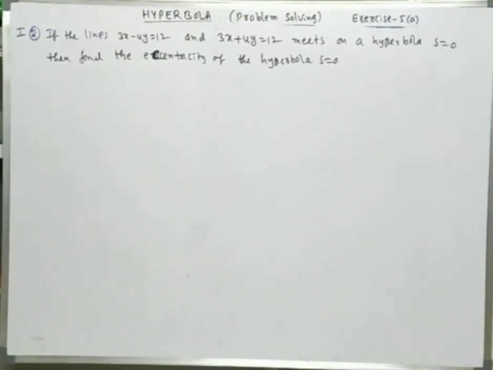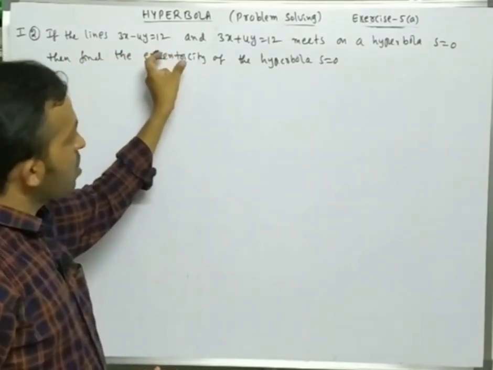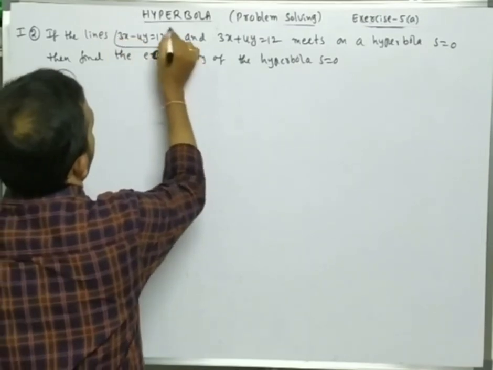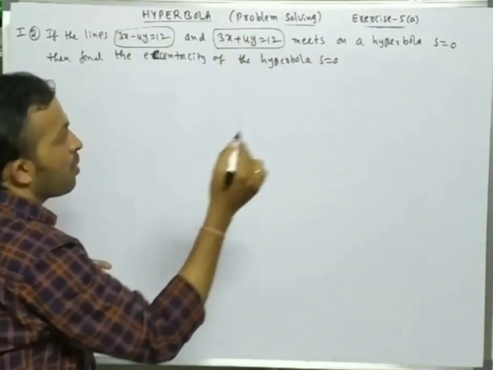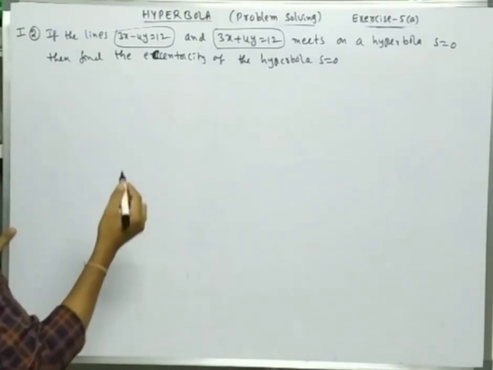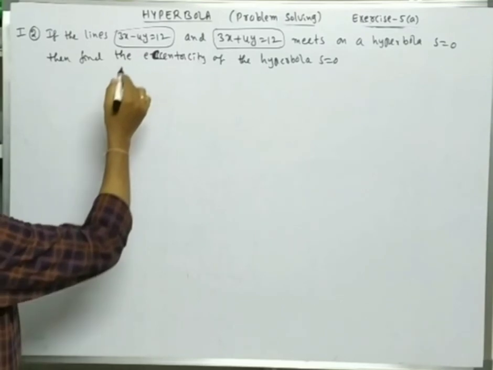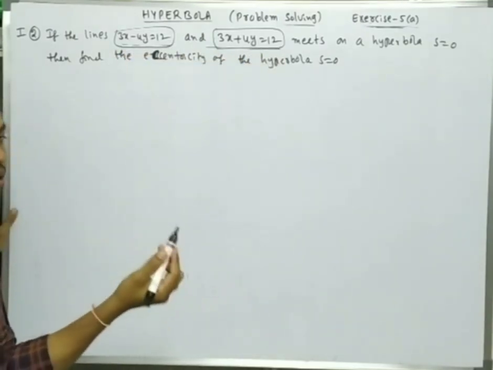Next, very short answer questions. If the lines 3x minus 4y is equal to 12 and 3x plus 4y is equal to 12 meet on a hyperbola S is equal to 0, then find the eccentricity of the hyperbola. So this indicates the combined equation of these two lines is the hyperbola.